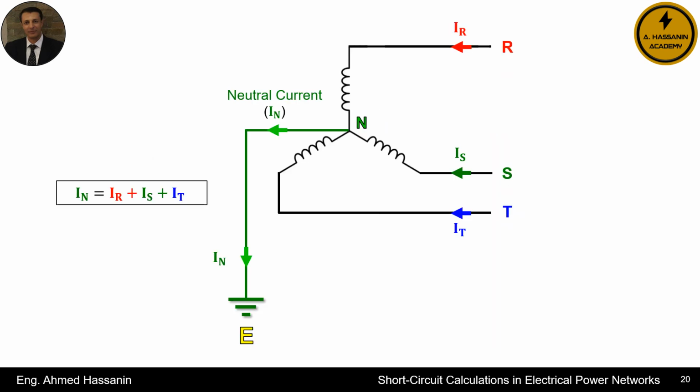The second point is that in the case of a 3-phase, 4-wire star system, there is a 4th terminal, which is the neutral line. We emphasize that under normal operation, it is well known that the current flowing through the neutral line is the vector sum of the currents flowing through the 3 phases, R, S, T. Of course, if the currents in those phases are equal, the current in the neutral line will be 0.